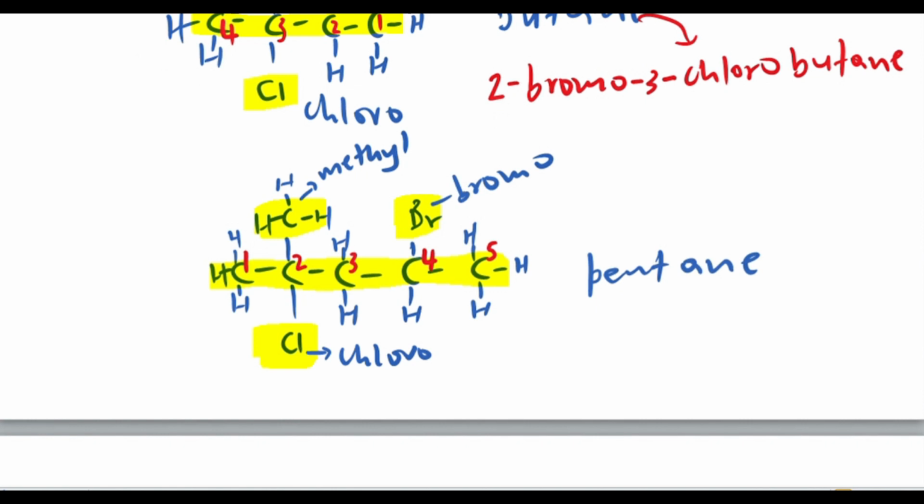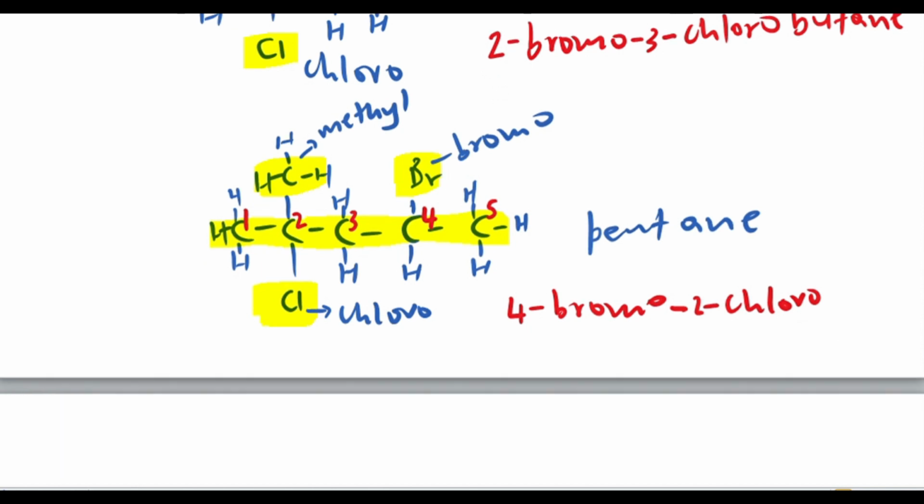So the name is, we start with bromo when we write the name, so it's 4-bromo, followed by chlorine, which is on number 2, chloro, followed by, let me just name it on the following page.